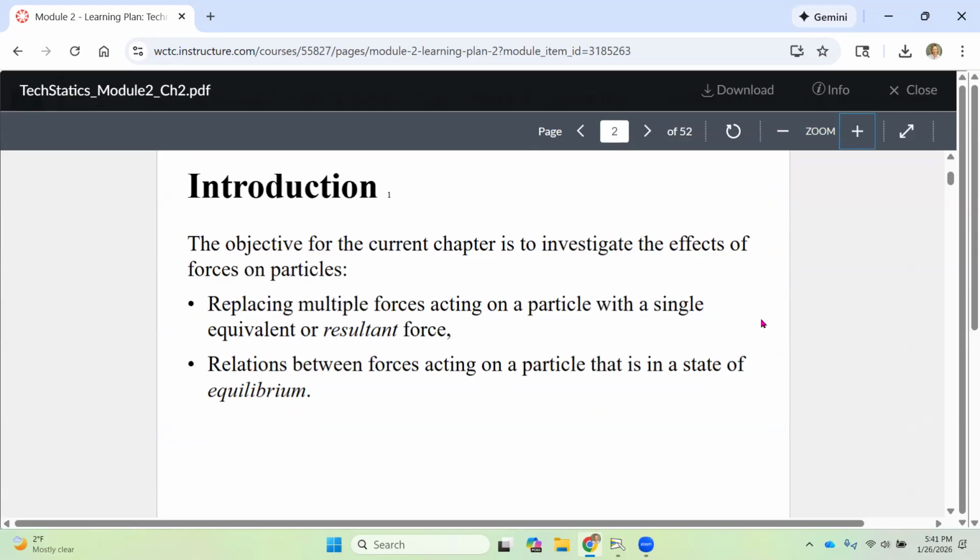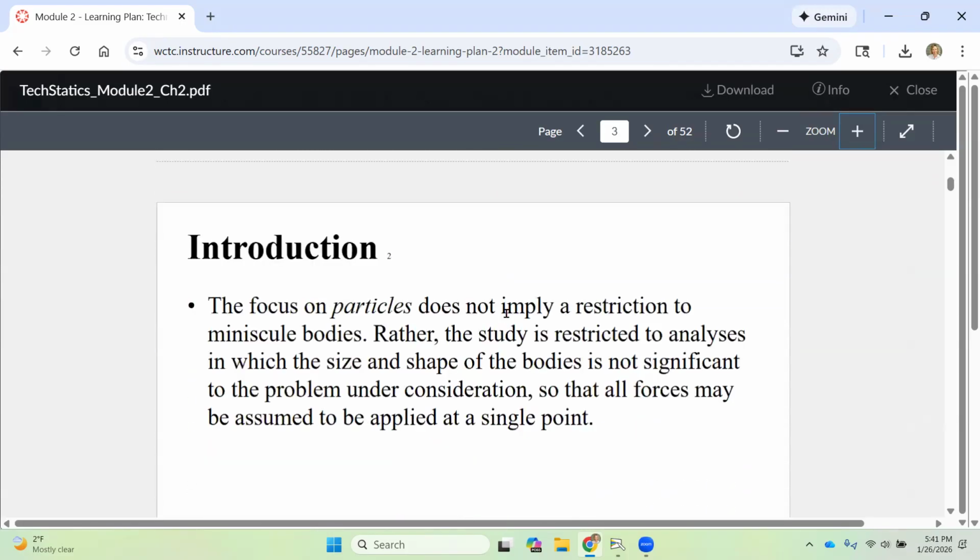Now, we aren't going to be looking at equilibrium in Module 2. That's actually going to be Module 3. We're going to continue on in this very same chapter, but we're going to be focusing on the first thing, resultant forces, to start off with.